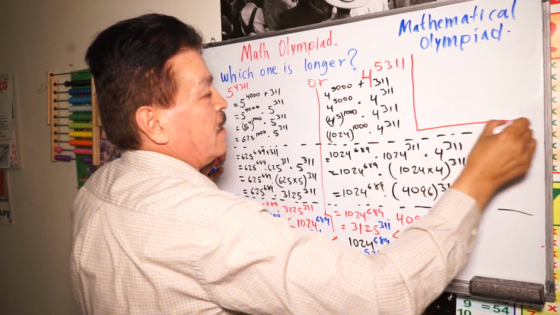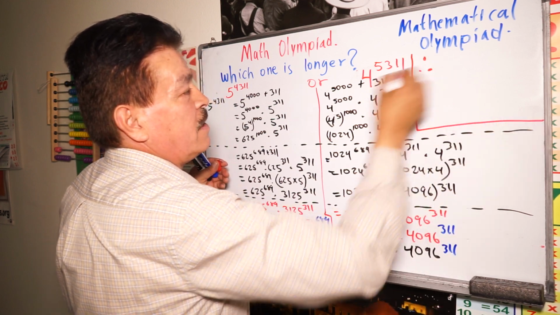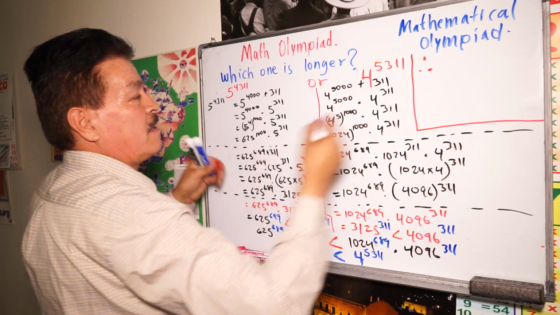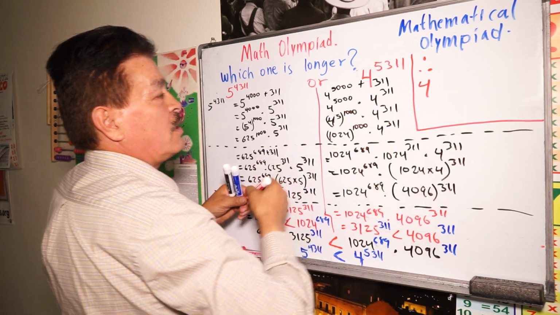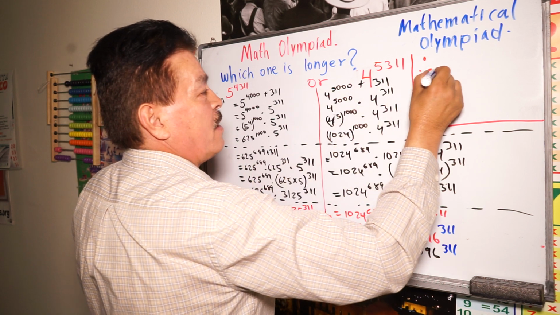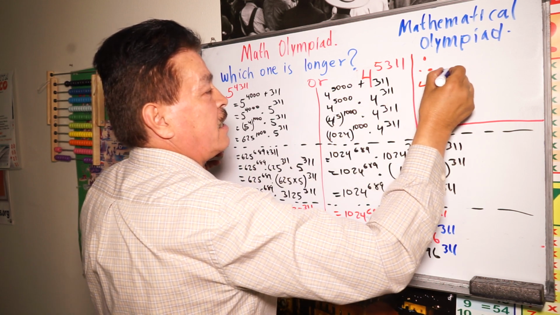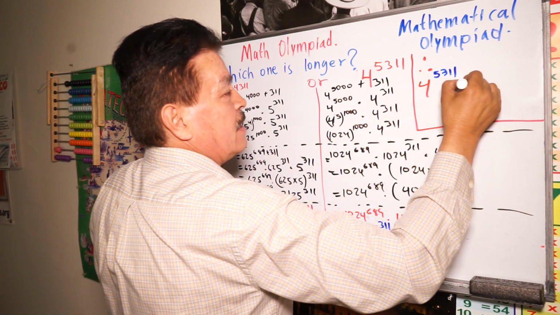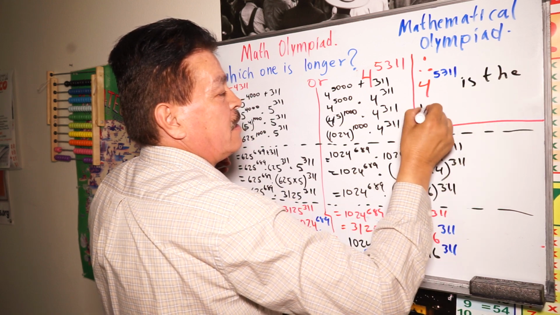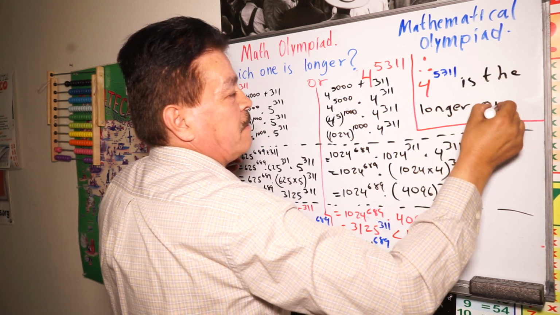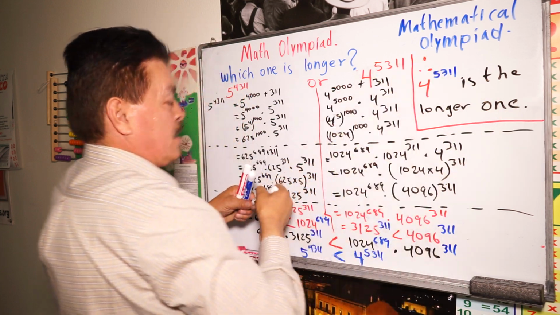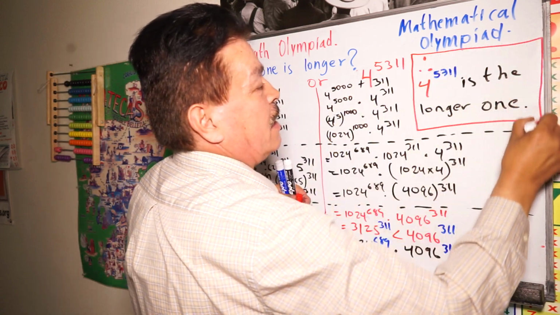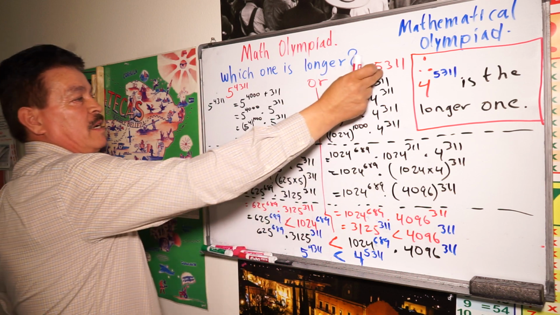Therefore 4 to the 5,311 is the longer one. This number is our conclusion. This number is longer than this one.